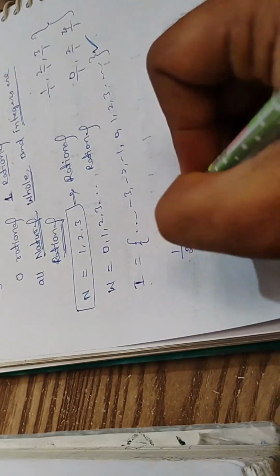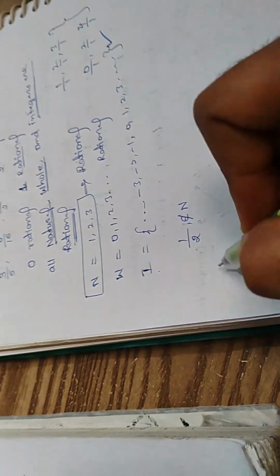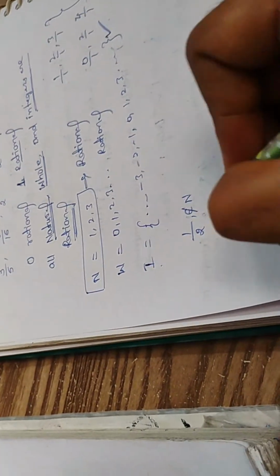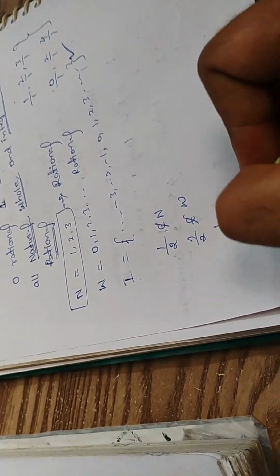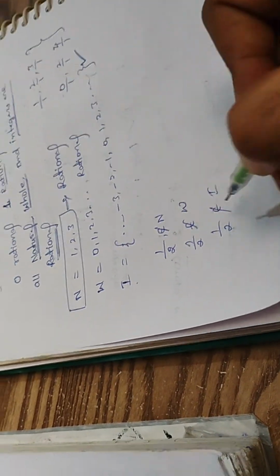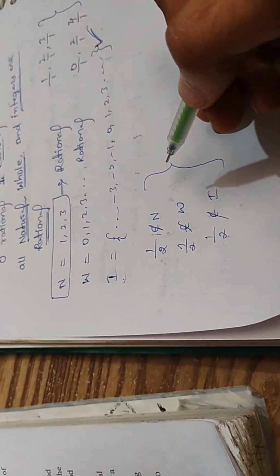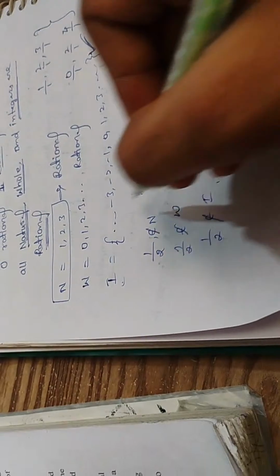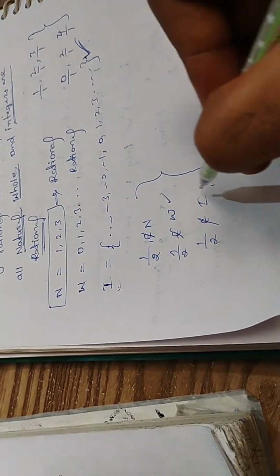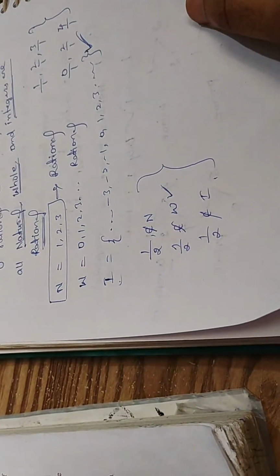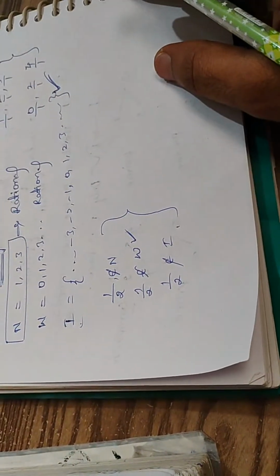It is not a natural number. 1 by 2 does not belong to whole numbers. 1 by 2 does not belong to integers. So any natural numbers, whole numbers, integers, we can say are rational numbers. But all rational numbers are not natural numbers, not integers, not whole numbers. Okay.